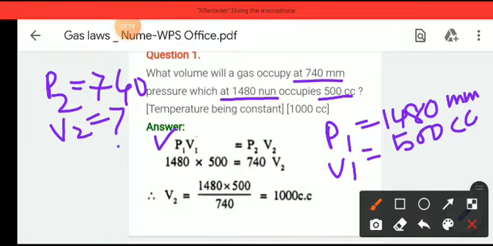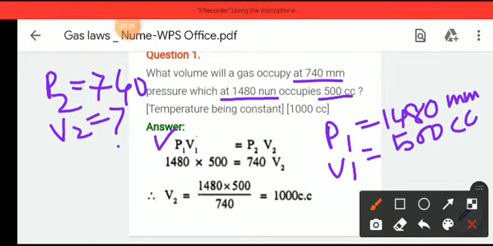Whenever you are asked to do a numerical, you have to find which parameters have the values given in the question itself. Jot it down, then find which parameter doesn't have a value and for which parameter we need to calculate.